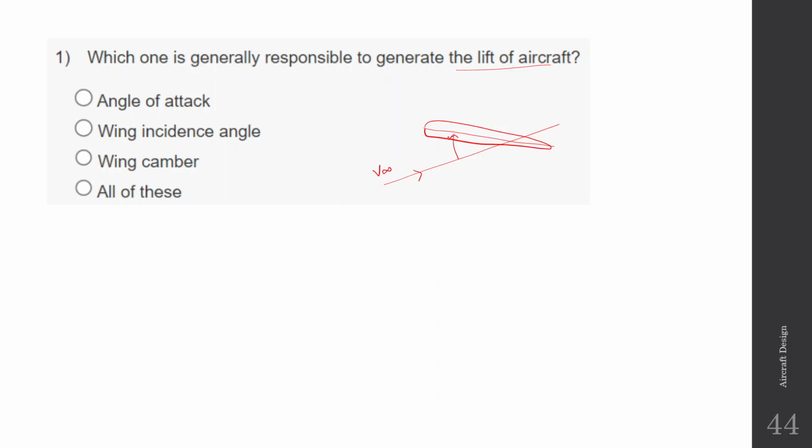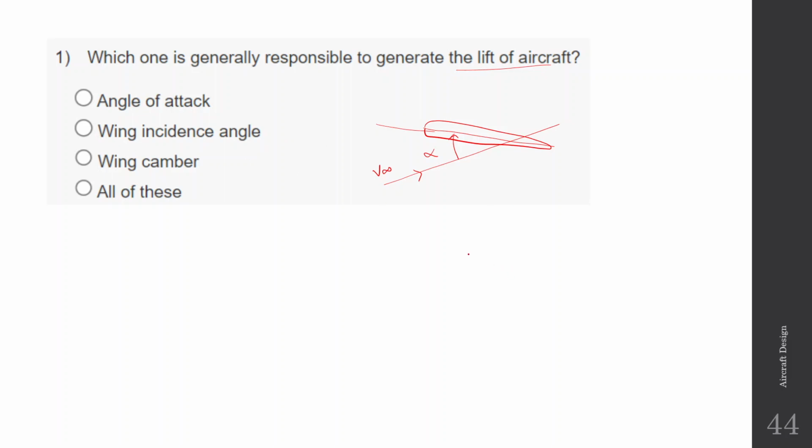So the angle between these two lines is the angle of attack. You can think that the angle of attack is how much tilted your wing is with respect to the velocity. Of course we know that if the angle of attack increases, the lift of the wing increases.